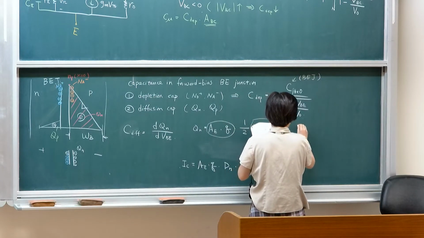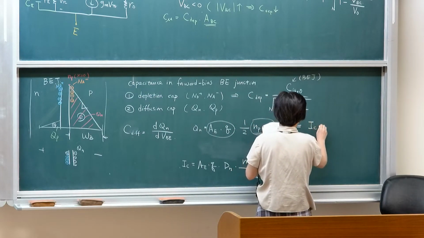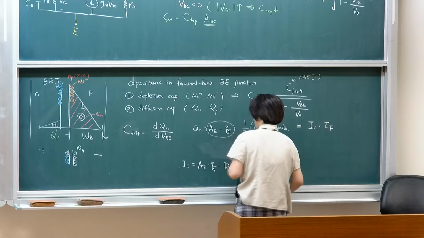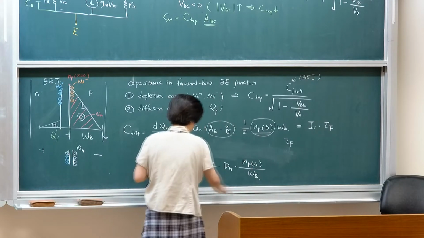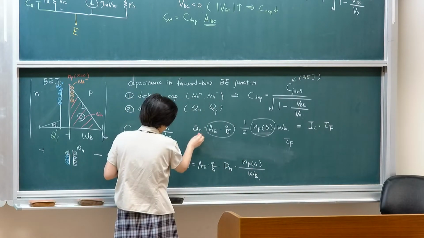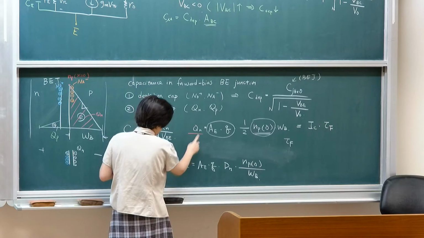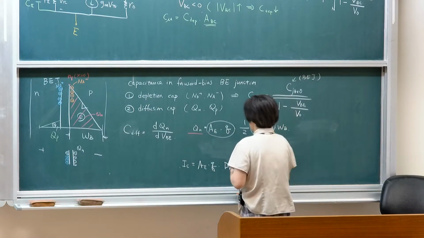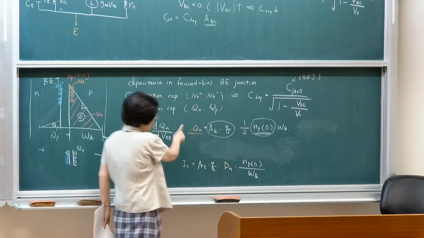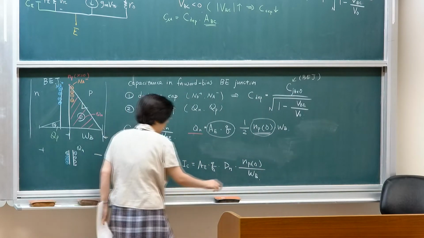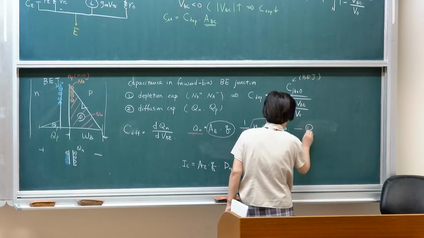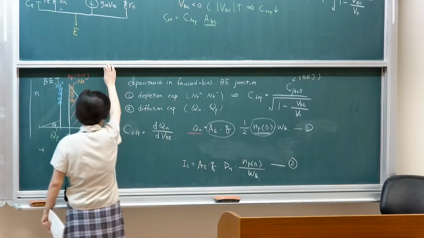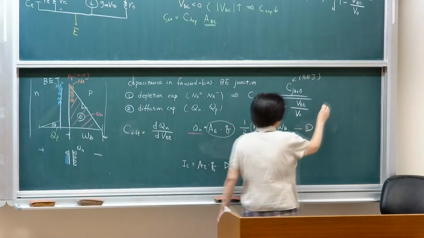So this can be rewritten as IC times a time constant, tau f. Let me try to explain. I already know Qn is this expression. This is equation 1, this is equation 2. So what if I divide them?